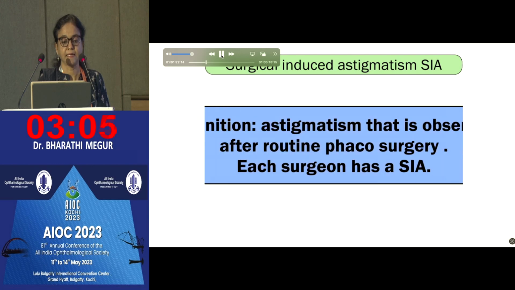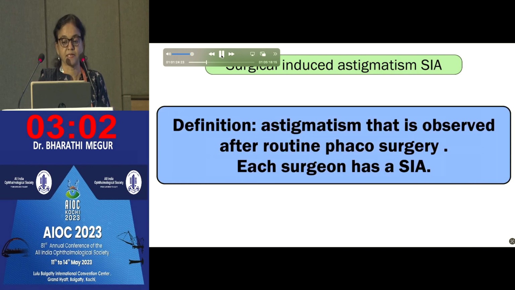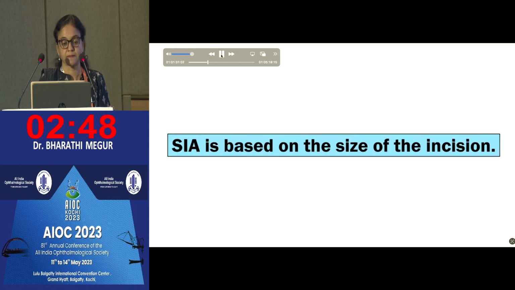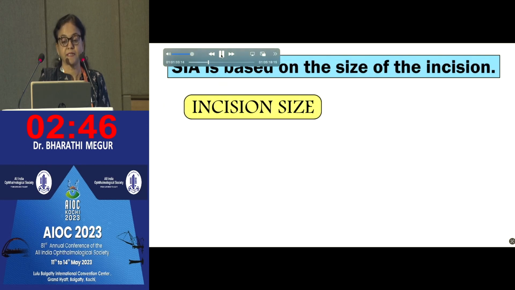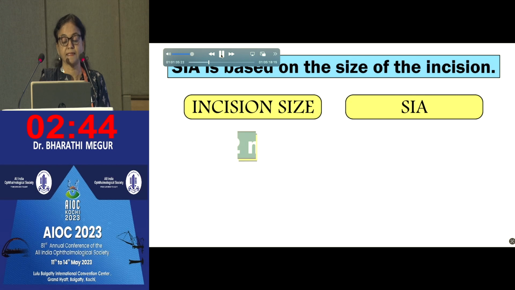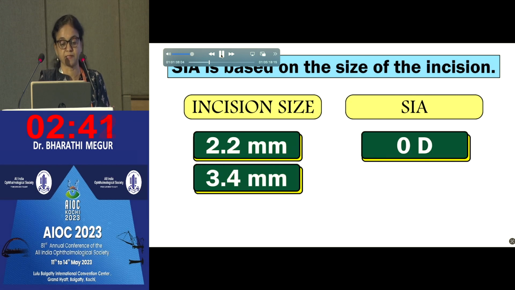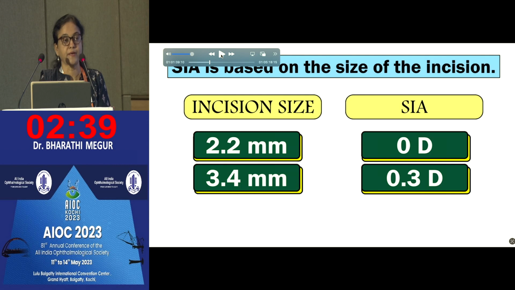Coming to the second important aspect, surgically induced astigmatism, the astigmatism that is observed after routine phacosurgery, each surgeon has a surgically induced astigmatism. Over a period of a decade or so, it has been observed that it is based on the size of the incision, and generally when you are a temporal phacosurgeon using a 2.2 to 2.8 millimeter incision, you are inducing almost negligible astigmatism, around 0.1 diopter.